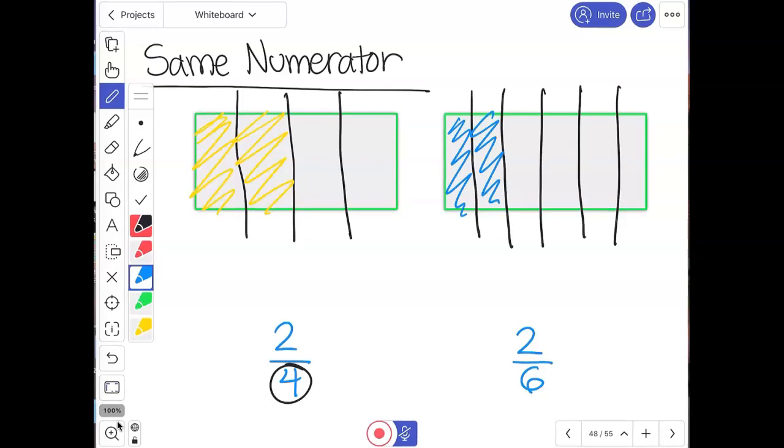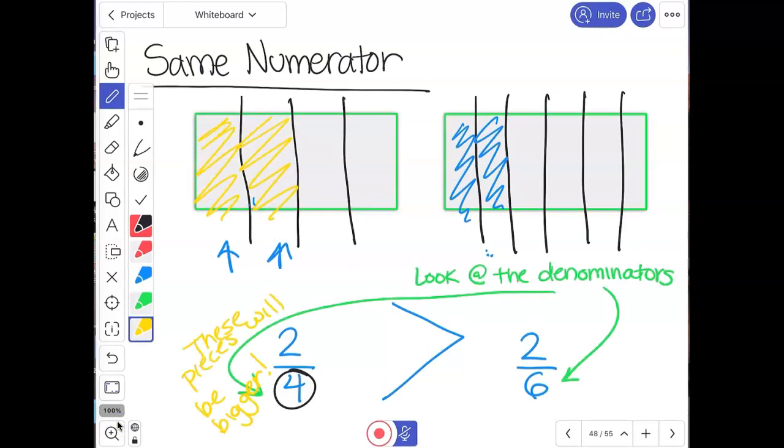Again, immediately looking at it, I can see that these pieces are bigger than those pieces over here. Much bigger. So if this was cake or pizza or money, I would want this side because it's more. The pieces are larger. So 2/4 is greater than 2/6.